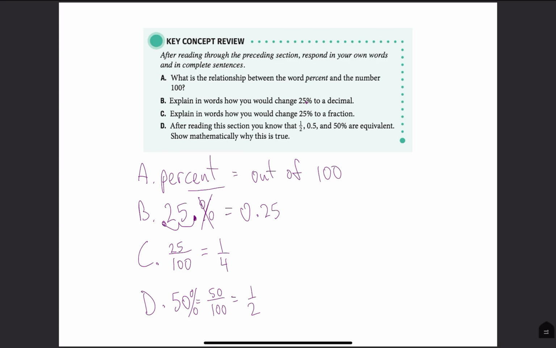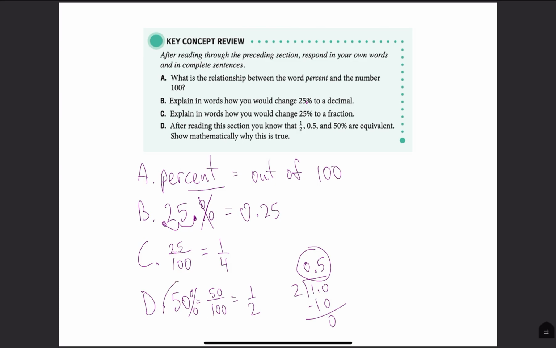So that's true. Then if you take 1/2 and you divide it, you end up with 0.5. So if you divide the fraction, you get the decimal.